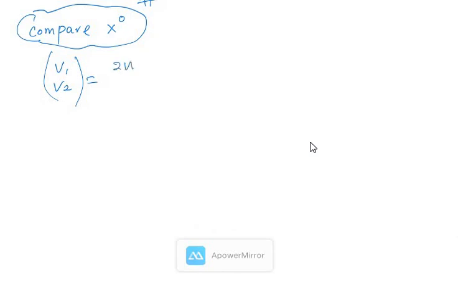So 2w1 minus 4w2 and then v1 minus 3v2 plus 3. So v1 is 0, v2 is 3, so substitute in.